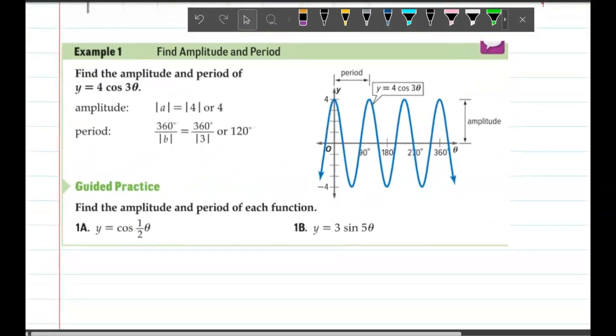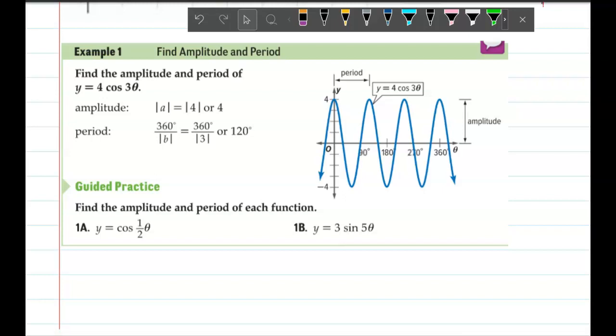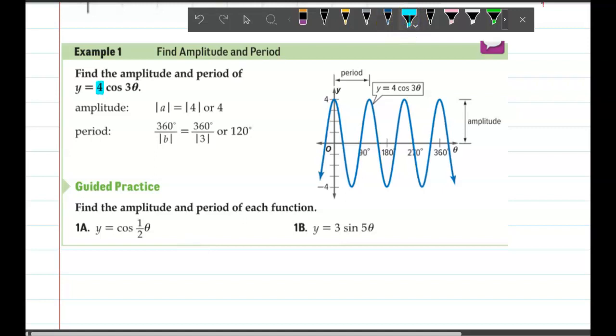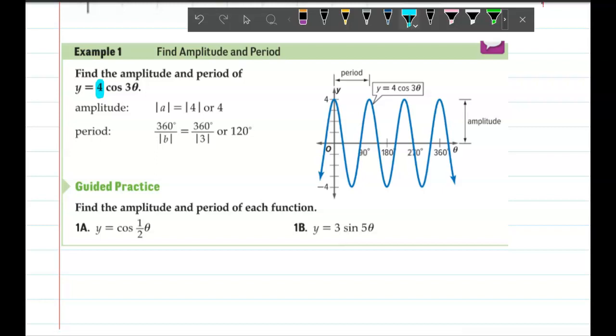Just looking at the equation of a trig function, you can tell what the amplitude and the period are. The amplitude comes from the coefficient at the beginning, right before the function. That gives us our amplitude. So on 1a, you can see here the coefficient there is just non-existent.